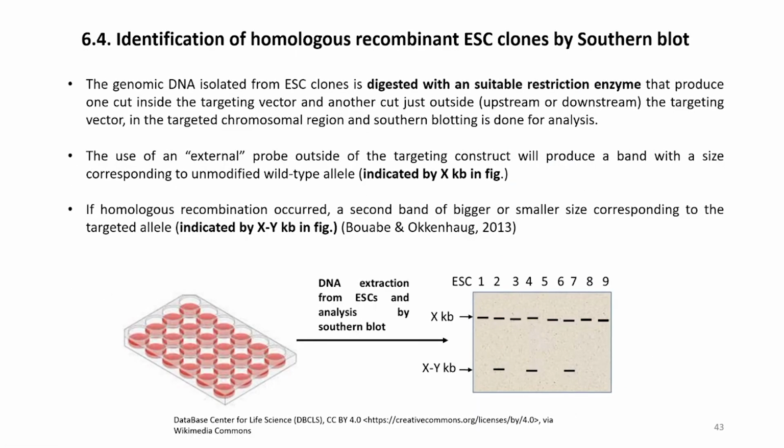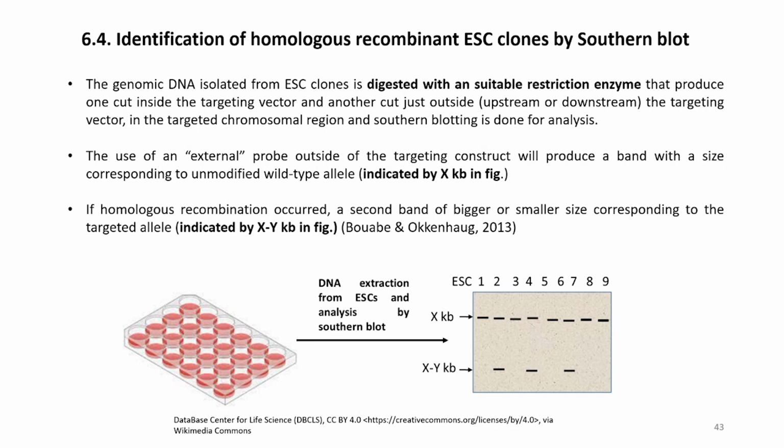Now, we need to go for the identification of homologous recombinant embryonic stem cell clones by Southern blotting. The genomic DNA is isolated from the ESC clones and digested with a suitable restriction enzyme that produces one cut inside the targeting vector and another cut just outside, upstream or downstream of the targeting vector in the targeted chromosomal region, and Southern blotting is done for analysis.